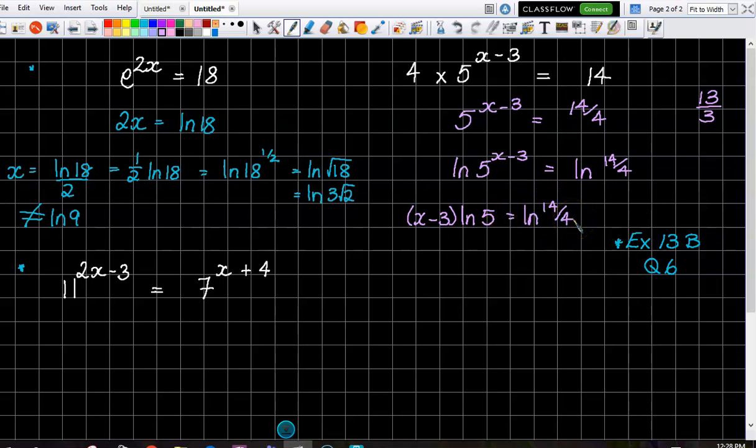Okay, what will you do now? Divide the right-hand side by ln 5. Fair enough. So Dylan's saying x take 3 equals ln 14 over 4, divided by ln 5, to get rid of the times. How do you now get rid of the take 3? Then you add 3. Okay, good.